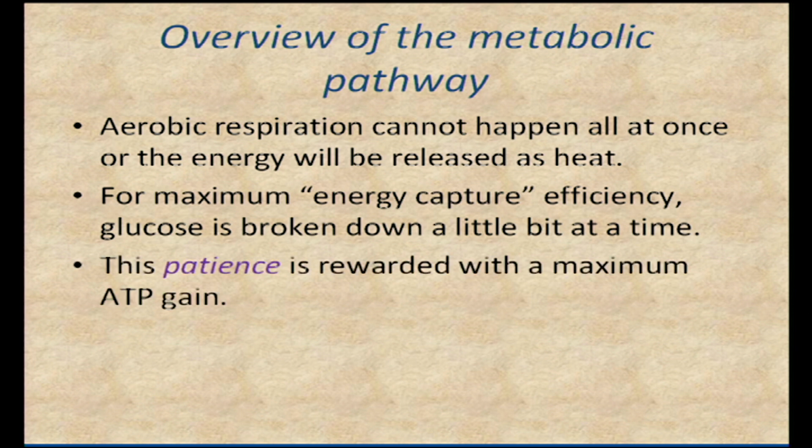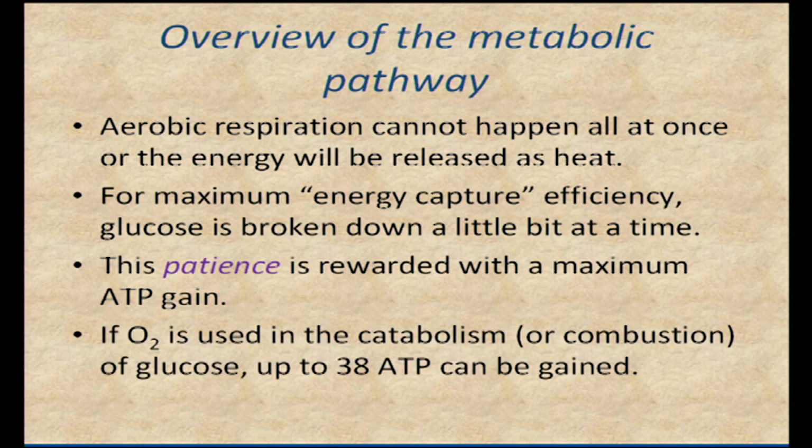So this patience in breaking it down a little bit at a time is going to reward us with getting the maximum amount of ATP out of one glucose molecule. And indeed, if oxygen is used in this catabolism or combustion of glucose, we can get up to 38 ATP molecules per glucose.